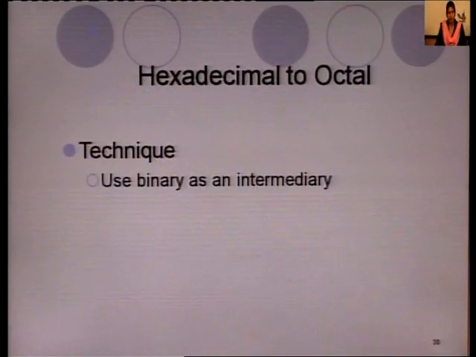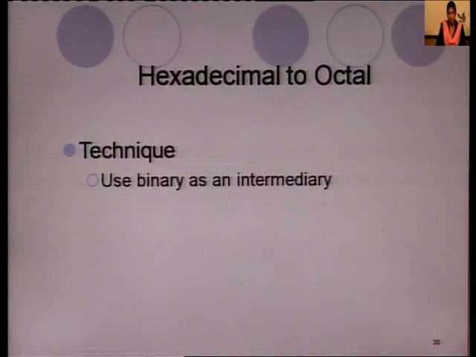Now we will study how to convert a hexadecimal number system to the octal number system. It is very easy. We will use the technique of using binary as an intermediary. Here we will convert first hexadecimal to binary, then binary to octal.